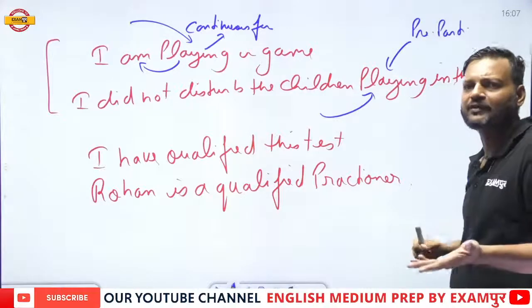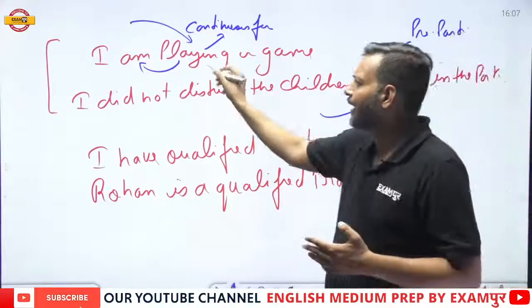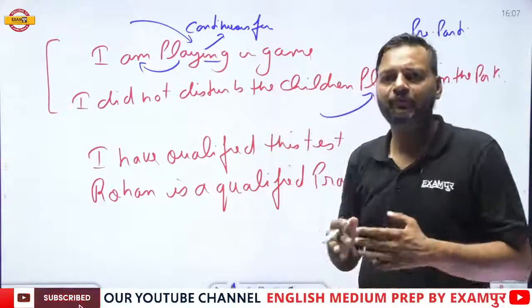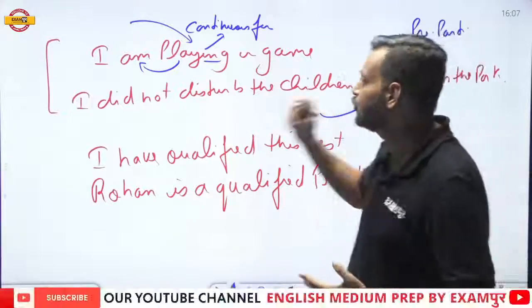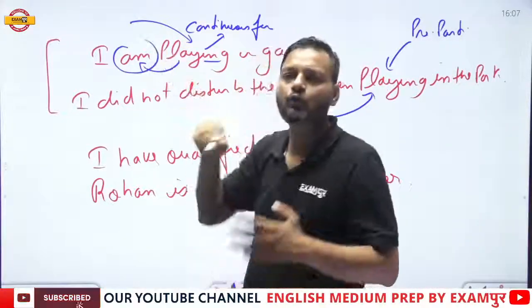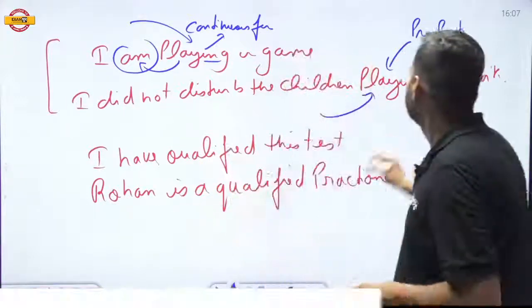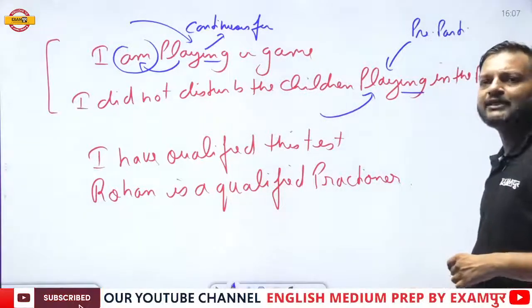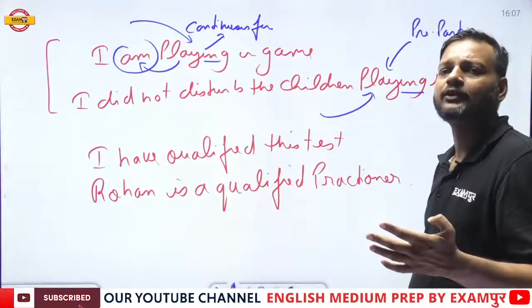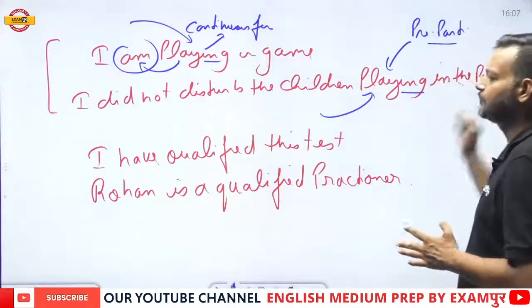The visible difference is when a word with ing is used with a be verb, it is continuous form, while a verb with ing, when it is not used with a be verb, is a present participle.